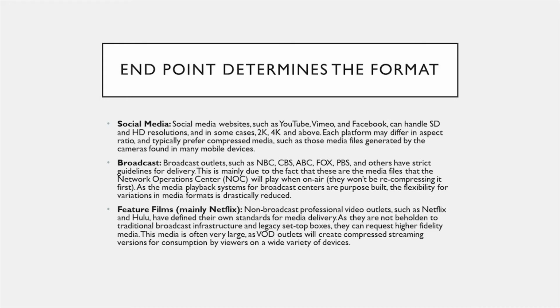And also there are feature films, mainly Netflix or maybe Prime or HBO Max. Non-broadcast professional video outlets, such as Netflix and Hulu, have defined their own standards for media delivery as they are not beholden to traditional broadcast infrastructure and legacy set-top boxes.